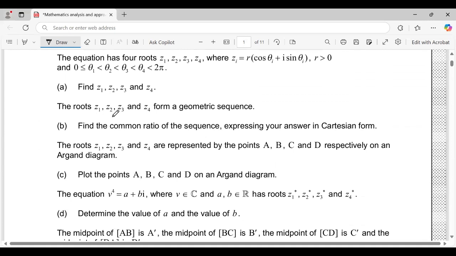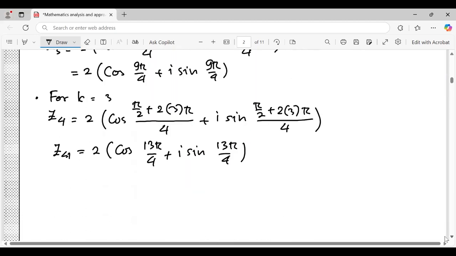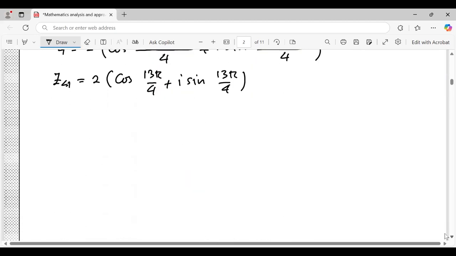The roots z1, z2, z3, and z4 form a geometric sequence. Find the common ratio of the sequence, expressing your answer in Cartesian form. Part B. In a geometric sequence, the ratio between consecutive terms is a constant number.